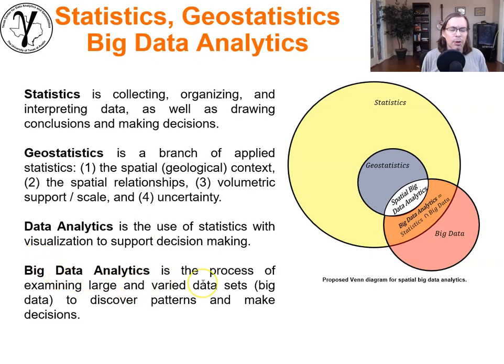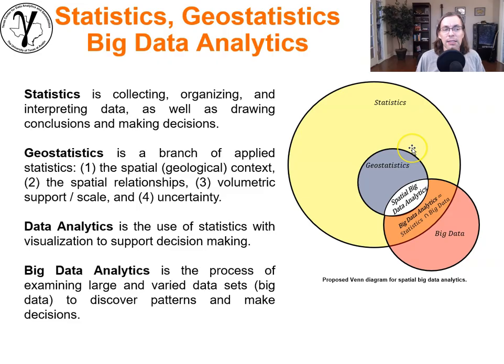Big data analytics is the process of examining large and varied data sets, big data, to discover patterns and make decisions. And so we could go ahead and draw a Venn diagram. We'll get into Venn diagrams next section, but this is the idea of how concepts overlap and interact with each other. Statistics would be a very large area of study. So many things we can do.